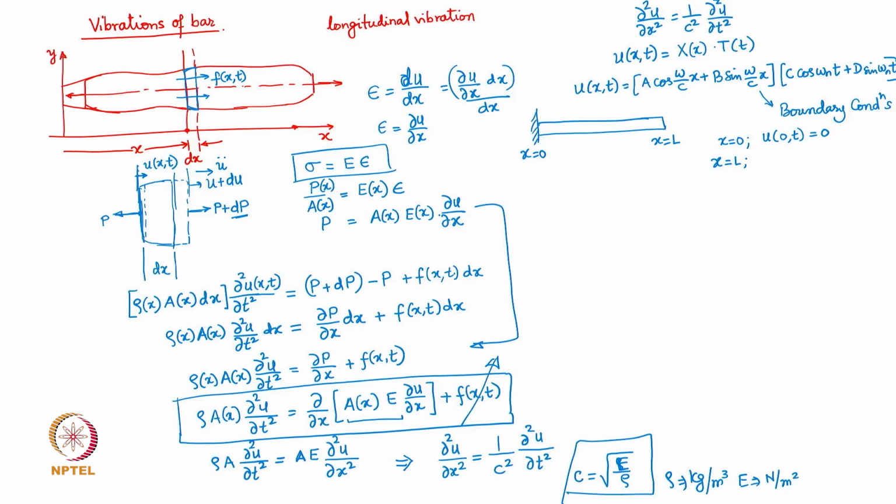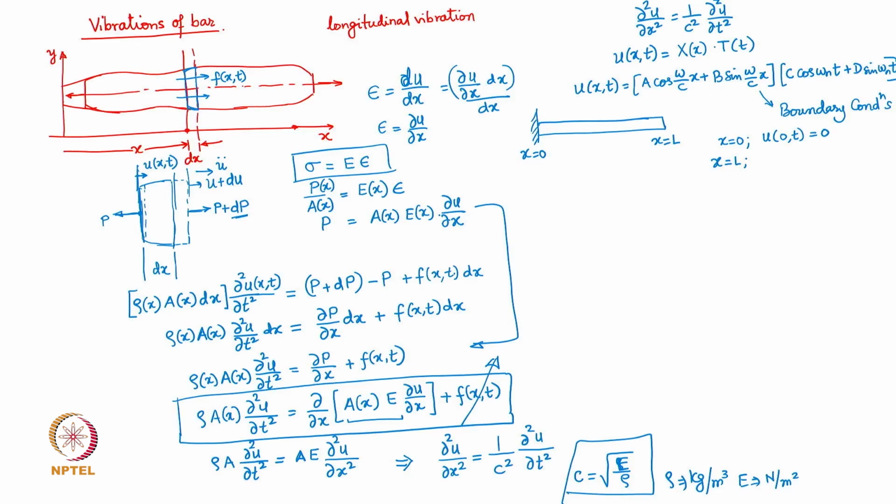We can't, because the bar at the other extreme end, the rightmost end, is free as such. It is not fixed, so there is no restraint on its vibratory motion. So the bar may have a large vibratory motion at x equal to L, in fact, right? So you cannot say that u is equal to 0.